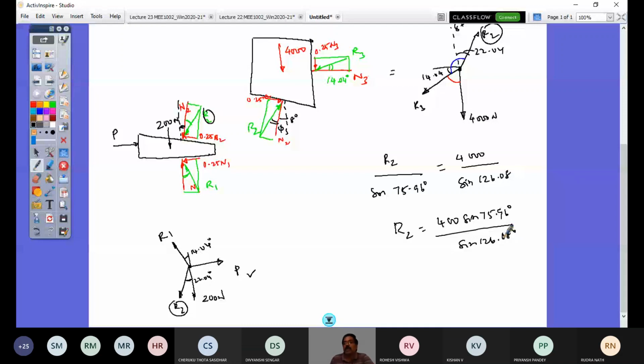This is 4000 multiplied by sine 75.96. So I get 4,801.45 Newton. That's what R2 is. So I have now R2, right?